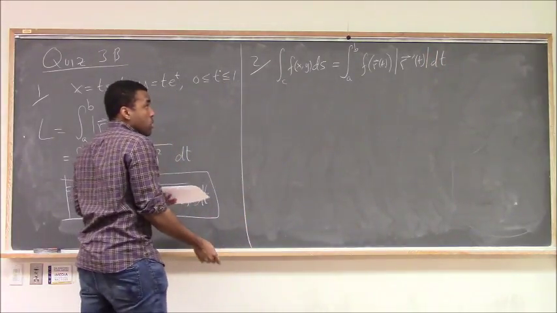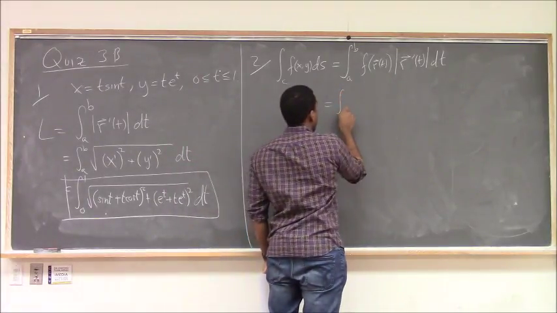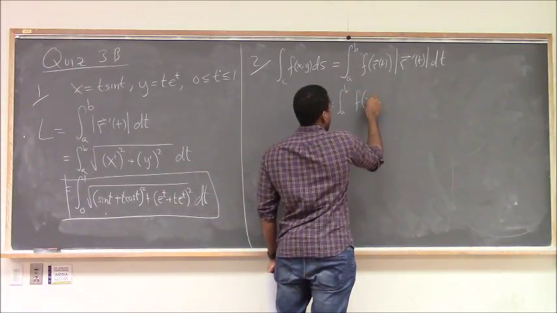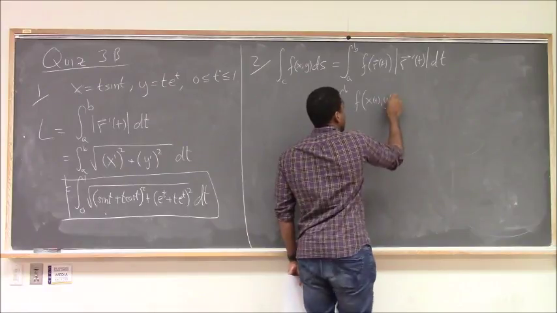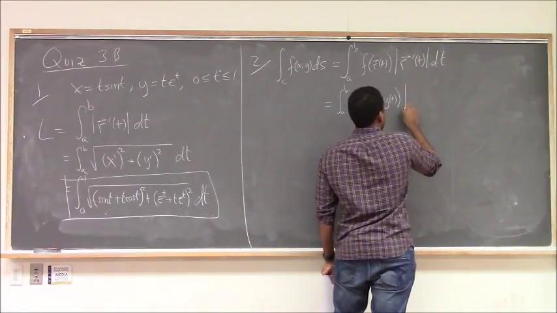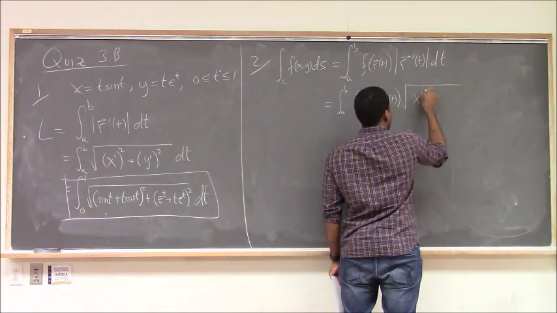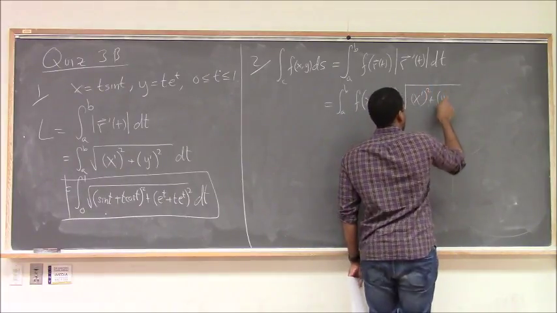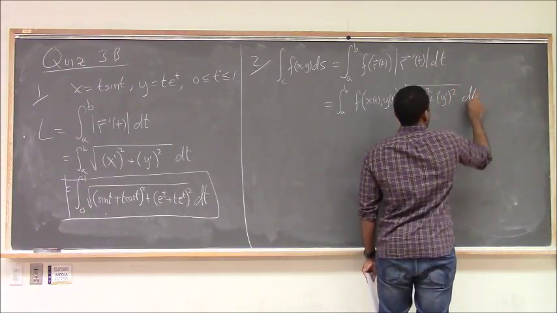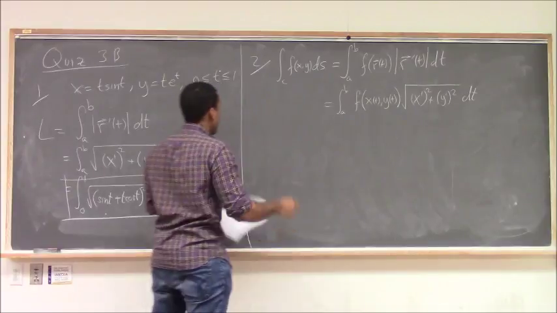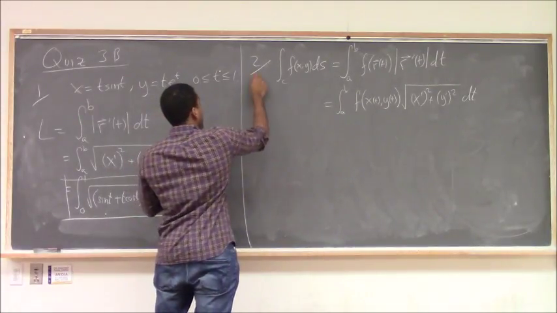You could write it that way. You could also actually plug that in, x of t, y of t times the magnitude of r prime of t. Either of those are fine. So that's a, b.